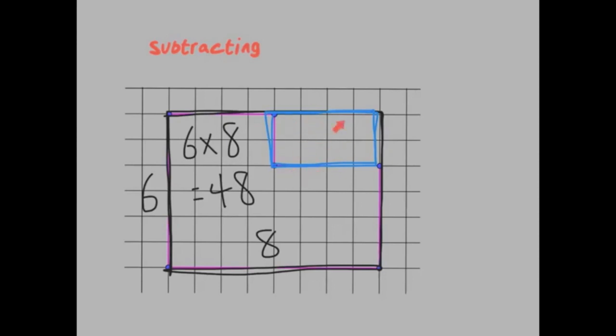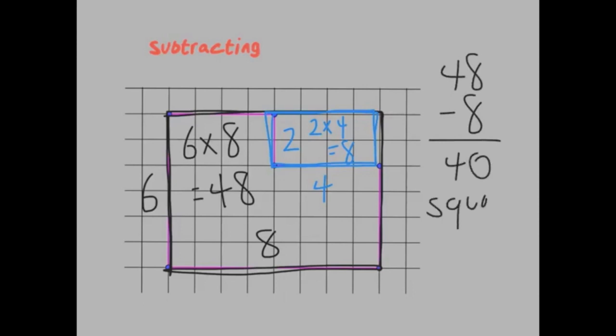I'm taking this piece away to leave everything that I want to find the area of. And that piece right there has a height of 2 and a width of 4. And of course, 2 times 4 equals 8. And it's important that we're calling this subtracting, because now, to find my area, I'm going to take the 48 minus the 8, get 40, and say that that is 40 square units.